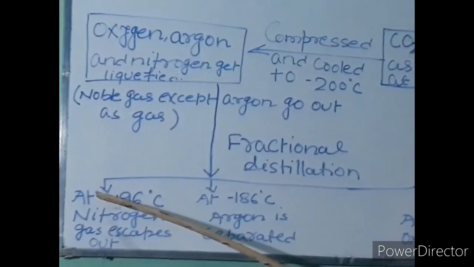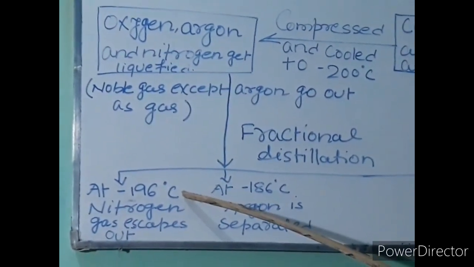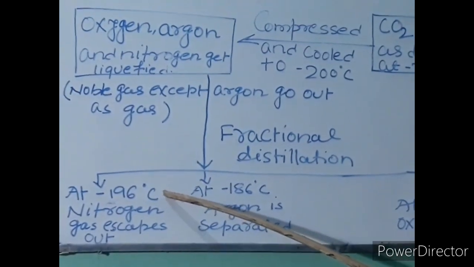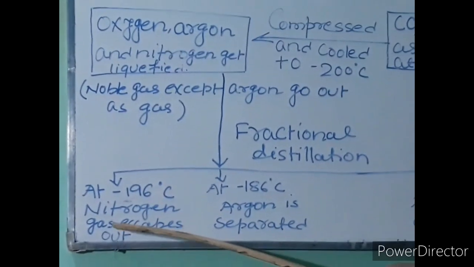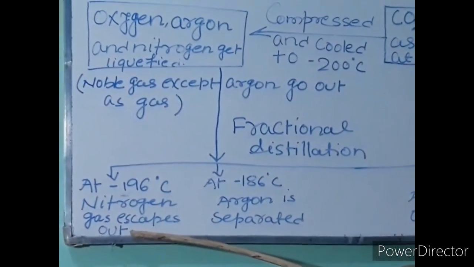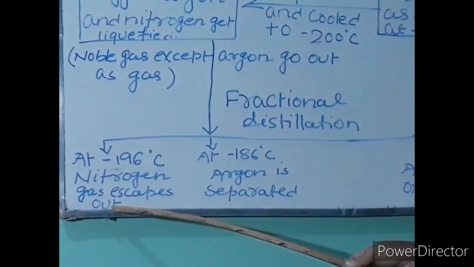So when you keep the temperature at minus 196 degrees Celsius, nitrogen gas escapes out. So first of all, nitrogen gas comes out.